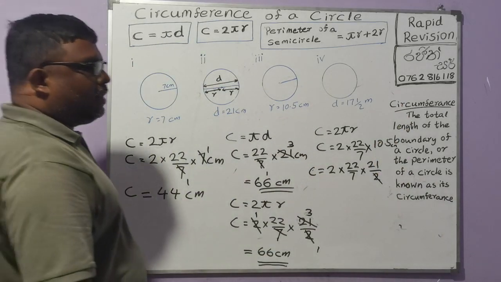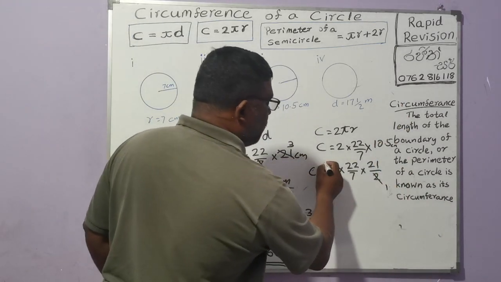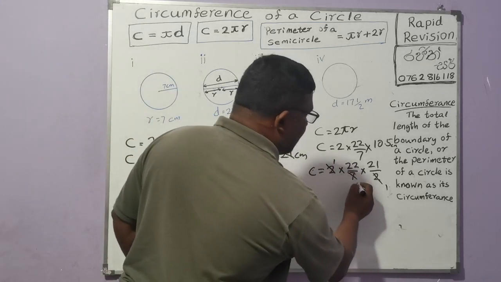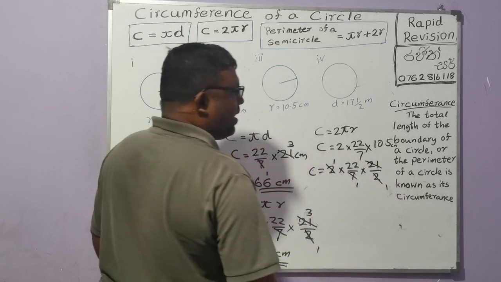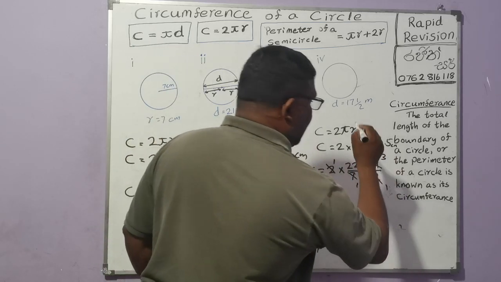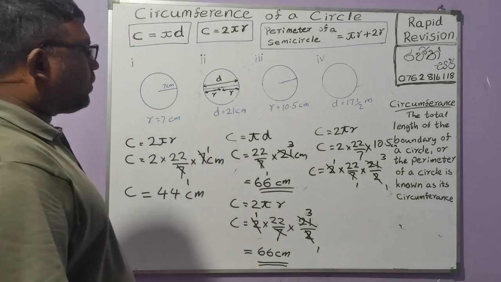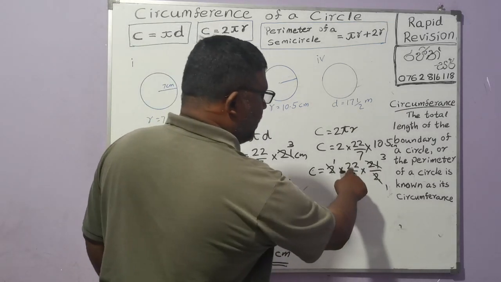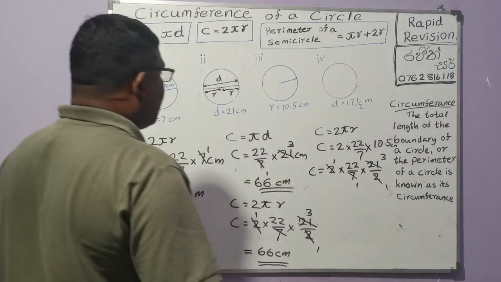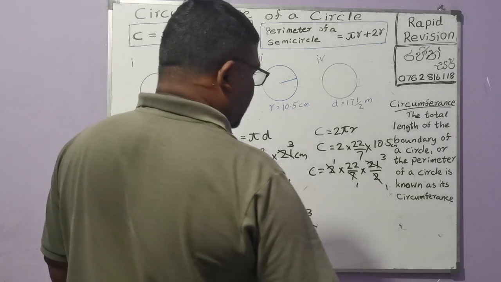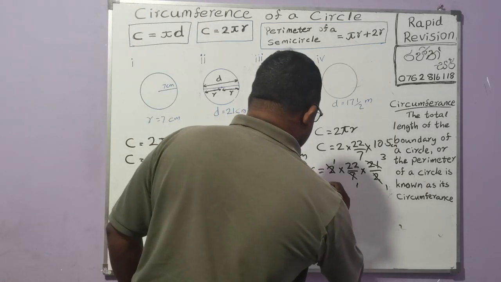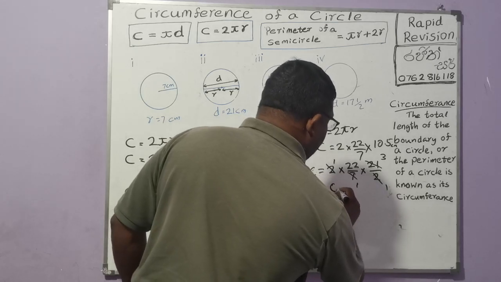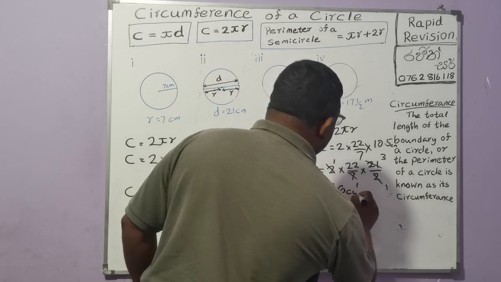Then you can cut this 2 by 2, that is 1, this 2 by 2, that is 1. Then this 7 by 7, that is 1. This 21 by 7, that is 3. Then you get the answer 22 multiplied by 3, that is 66 centimeter.